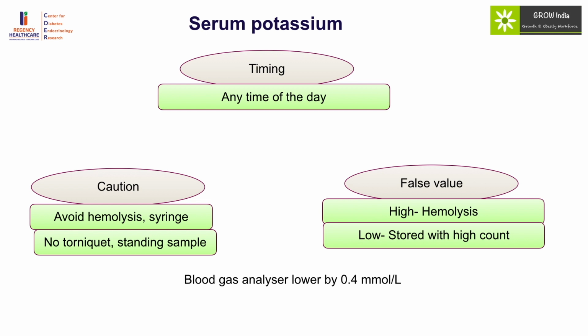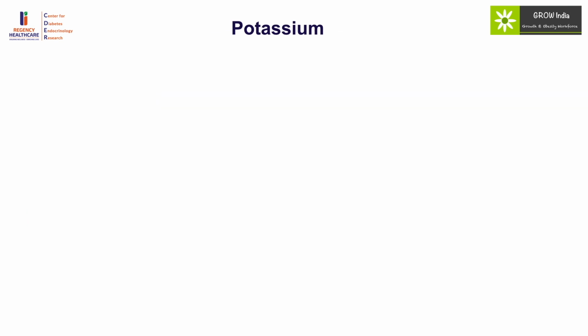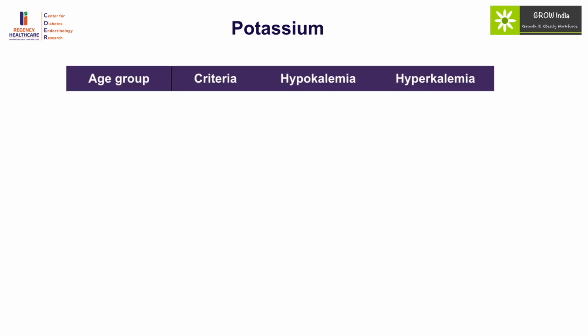One should also remember that a blood gas analyzer typically gives a reading which is lower by around 0.4 millimoles per liter, and the levels, as discussed, are affected by tourniquet, squeezed sample and high blood count. We need to understand that the potassium levels are variable with regard to different ages because they are largely dependent upon renal function.